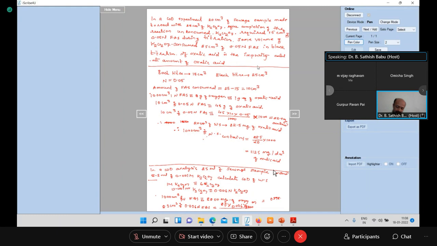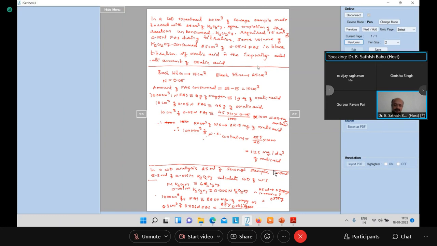0.3984 mg. So this 0.3984 mg is present in how much ml? 25 ml. 25 ml contains 0.398 mg. Therefore, how much per 1000 ml? That you have to calculate. Can you calculate that?